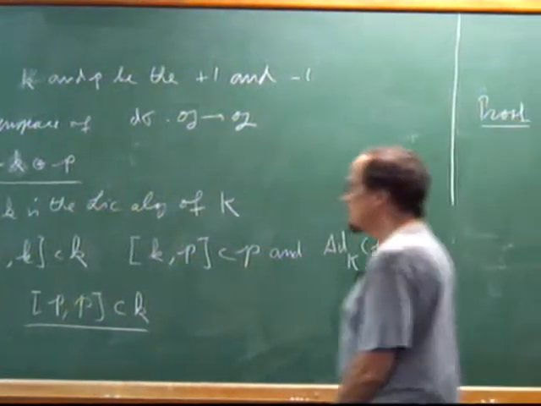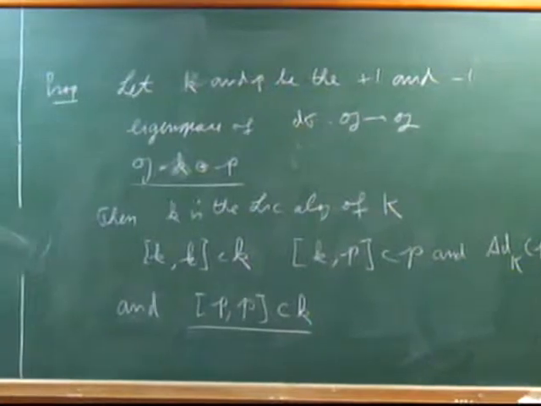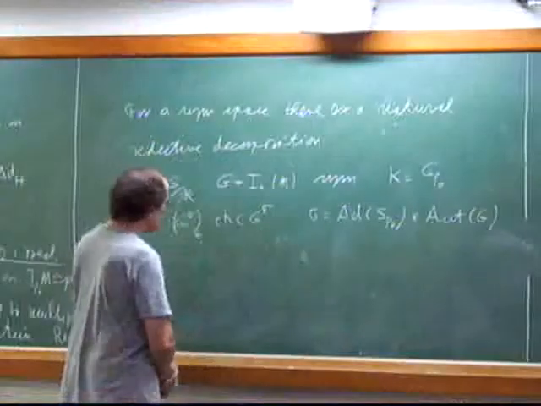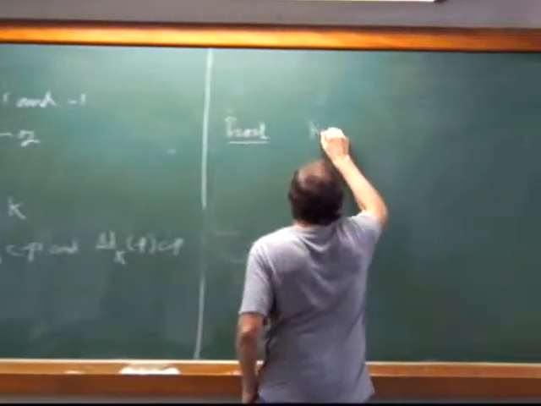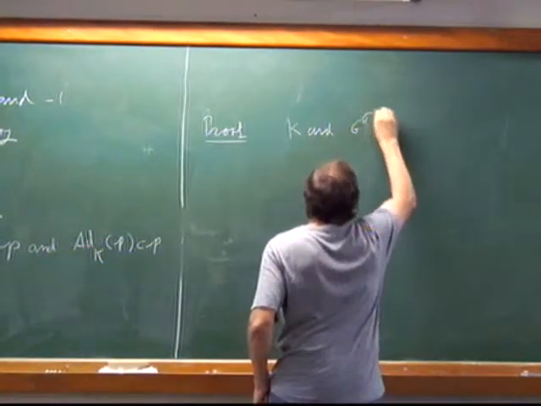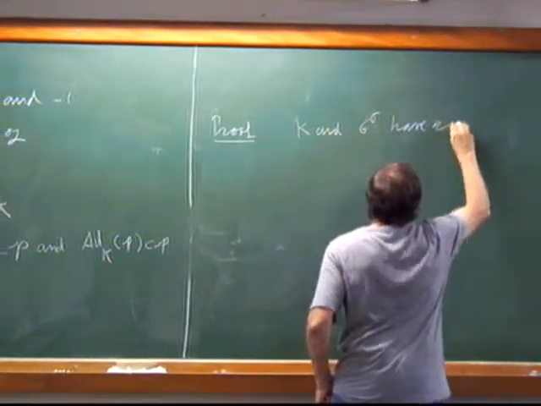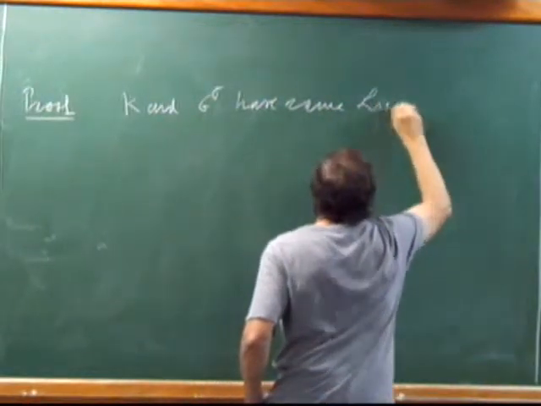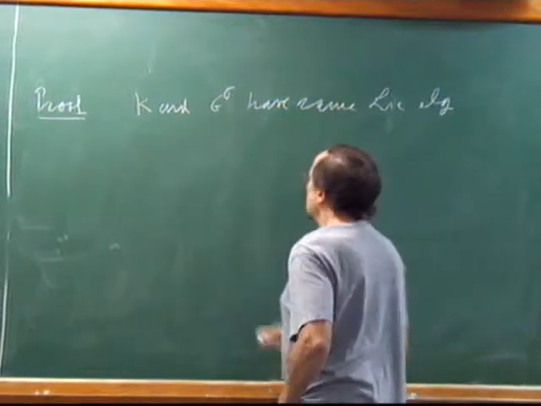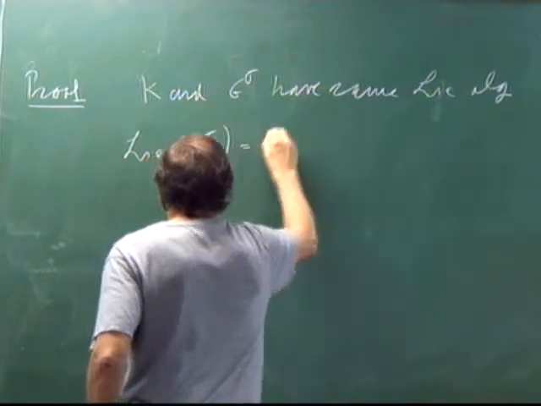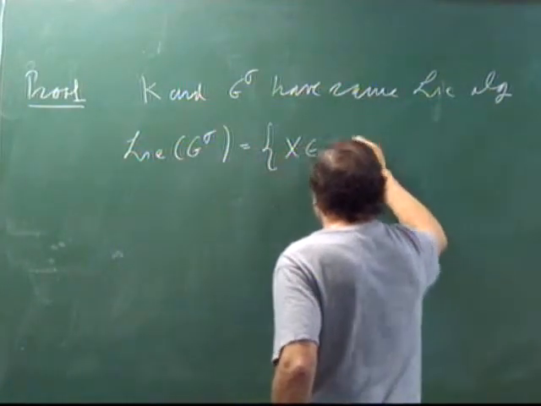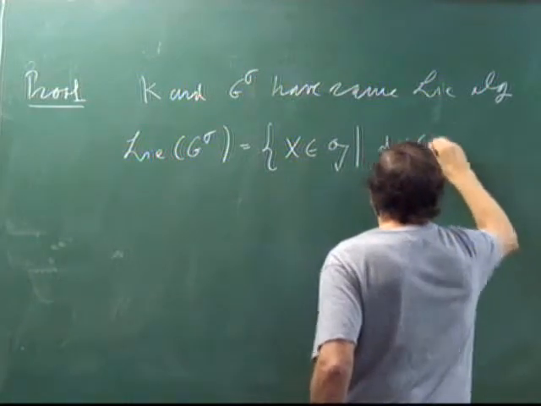Well, the proof is very simple. What does this say? It says that K and G sigma have the same Lie algebra. And the Lie algebra of G sigma is the set of all vectors x in g which are fixed by d sigma.